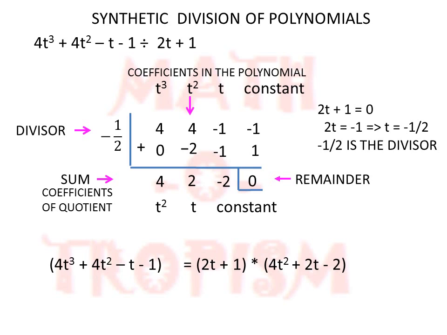Don't forget to multiply with one more term, which is 1 by 2, where that 2 is the coefficient again. So always, if you forget to write t plus 1 by 2, write the same 2t plus 1 into 4t square plus 2t minus 2 and multiply it with the reciprocal of the coefficient of the x term. So here it will come to 4t cube plus 4t square minus t minus 1 is equal to again 2t plus 1 into 2t square plus t minus 1.